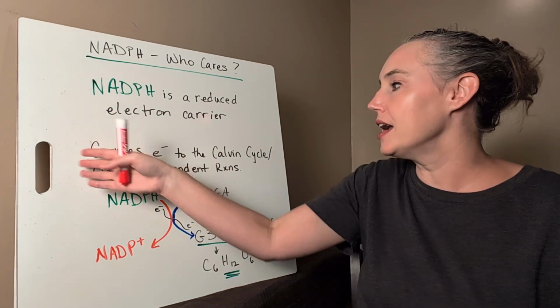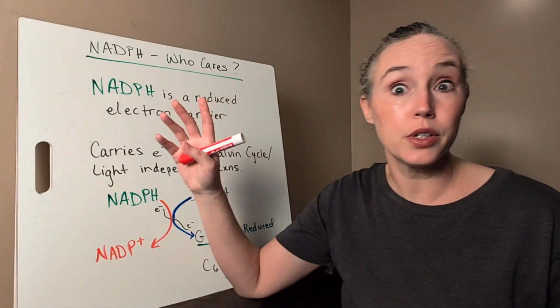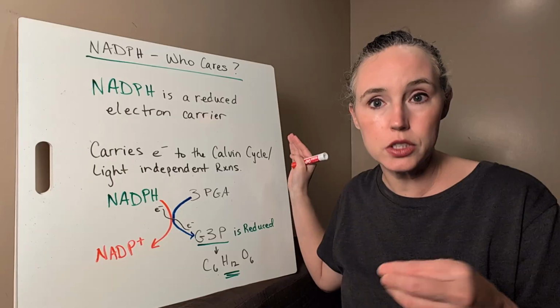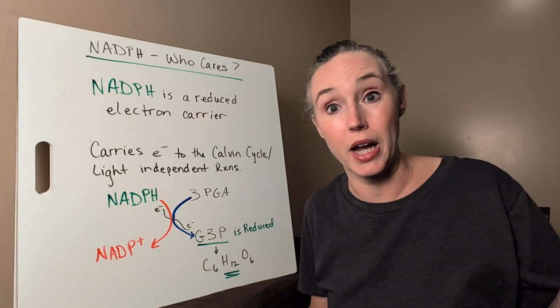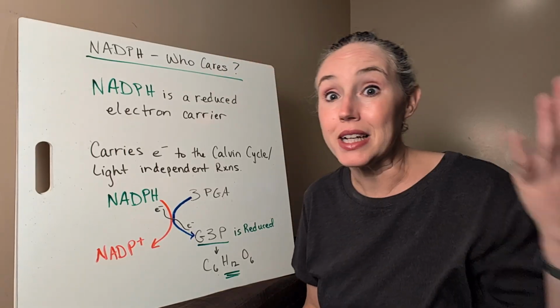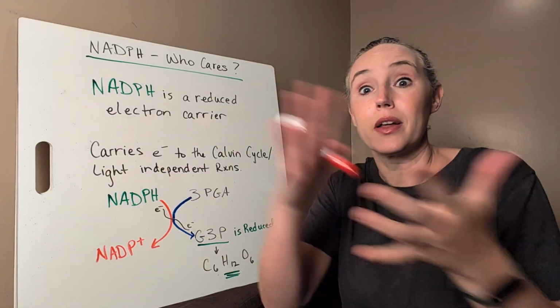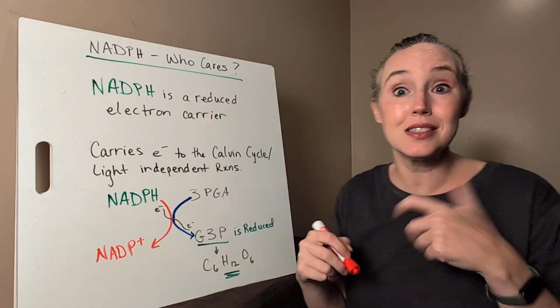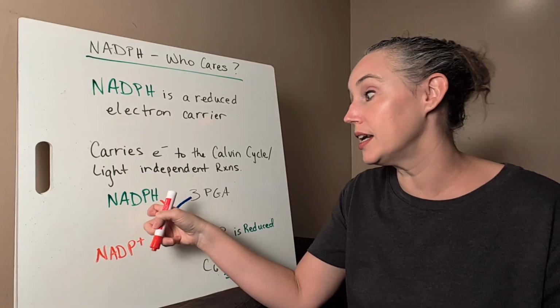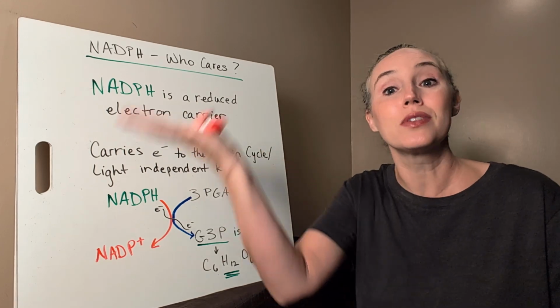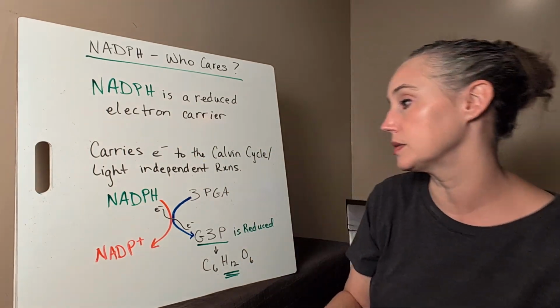It's carrying 2 electrons and a proton to the Calvin cycle, which is also called the light independent reactions. It's the second part, the carbon fixation part, where we actually take the CO2, and the H's in glucose come from the NADPH. They come from the protons and electrons that are being carried by NADPH.